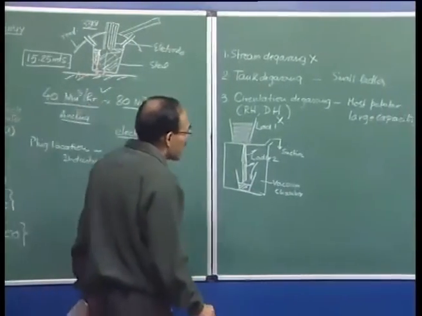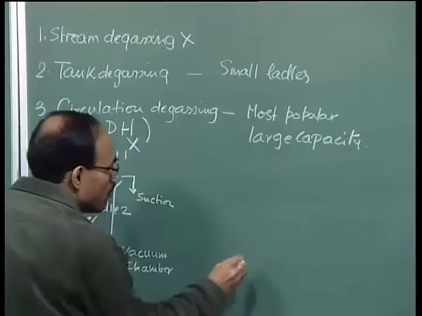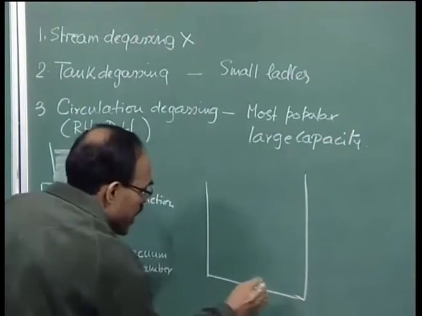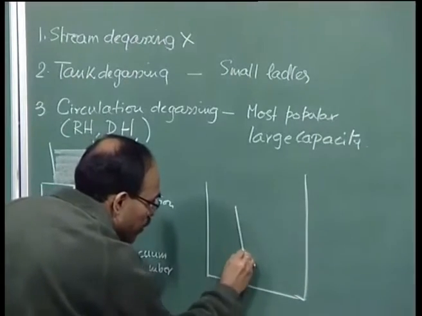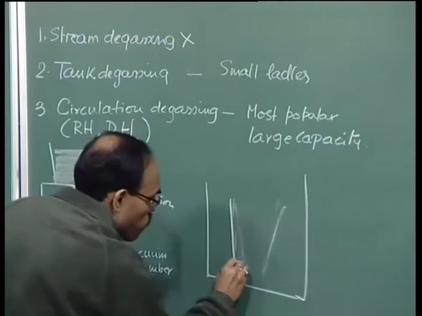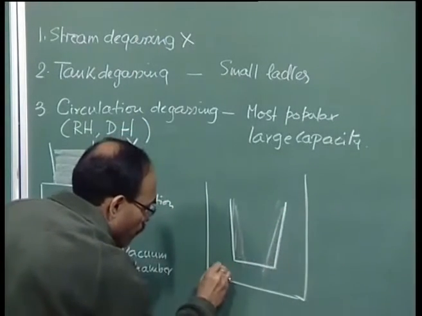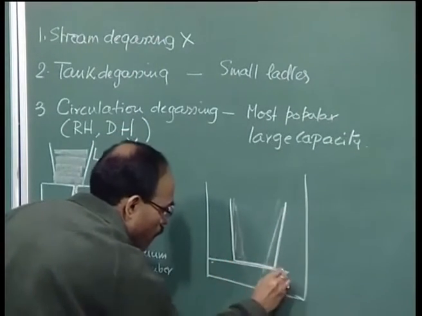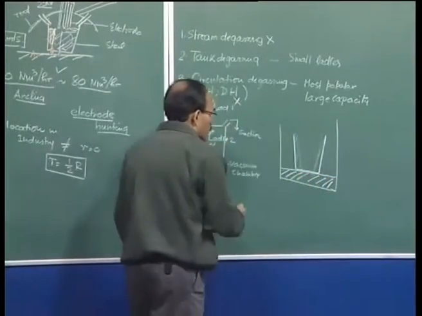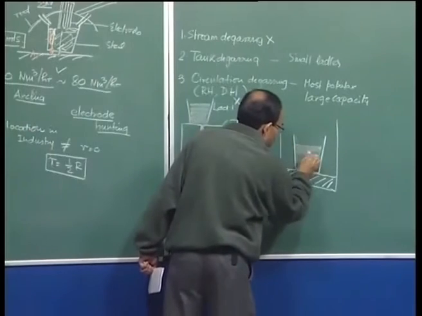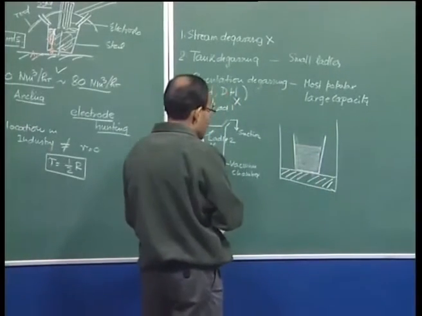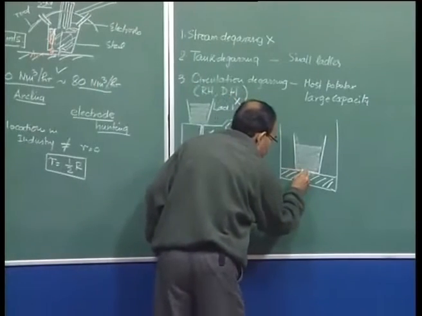So, coming to tank degassing, it essentially means that we have a tank, and in this tank we have a ladle, and this is the ladle which contains molten metal, and there is argon injection here.